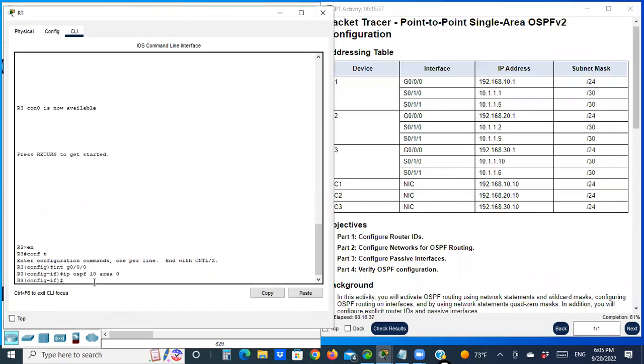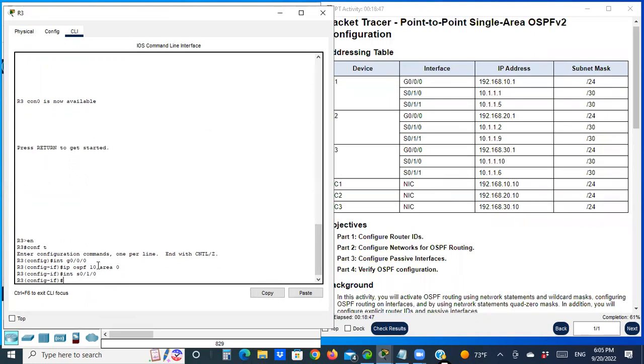This one is interface S0/1/0. Same thing: ip ospf 10 area 0.